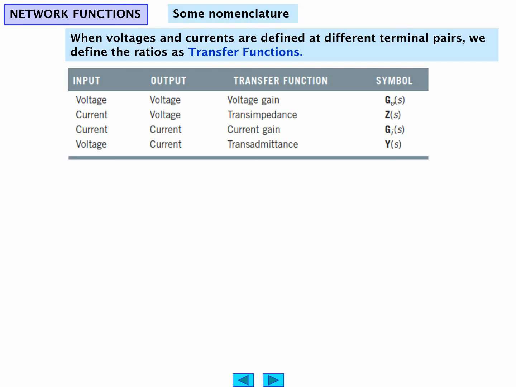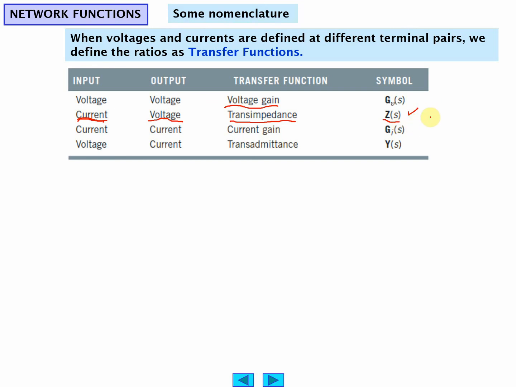Now I just have some definitions here. Transfer functions, they're called. Voltage gain, we've already seen that. Transimpedance: current input, voltage output. Voltage divided by current gives you an impedance. It's called transimpedance. So for op amps, transistor circuits, and the like, we define this.